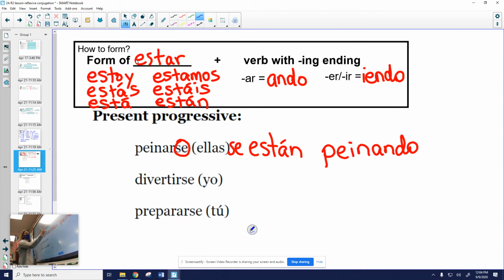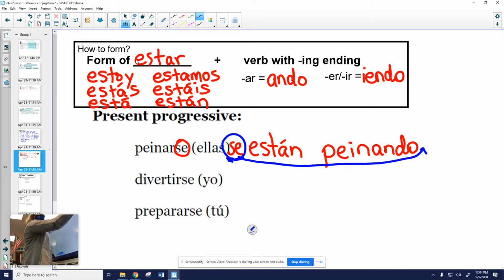Or we could attach it to the end. Come on, whiteboard. Sí se puede. We could move the se to the end. Están peinándose. If we do that, we have to add an accent mark to peinando. The reason being, in most words in Spanish, the verbal stress falls on the second to last syllable.